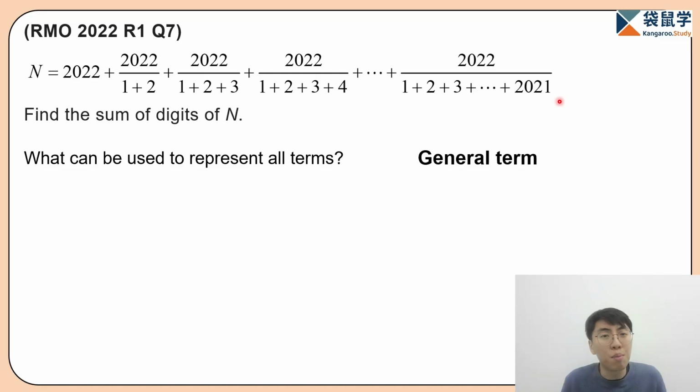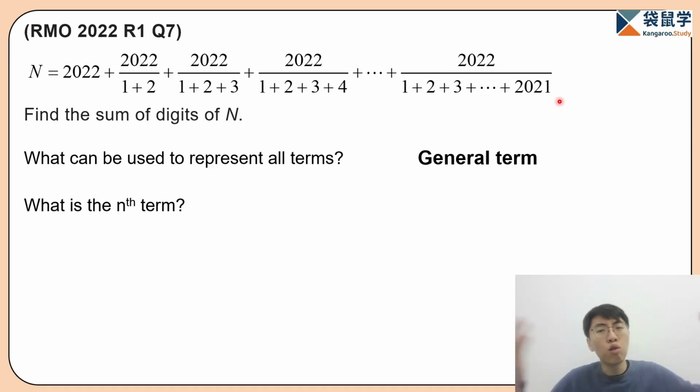That leads us to think about this question. Since all of them are in the form of an arithmetic sequence, let's say I keep on going all the way until the nth term, what will it look like? Starting from the numerator, we know that it must be 2022, right? What about the denominator?